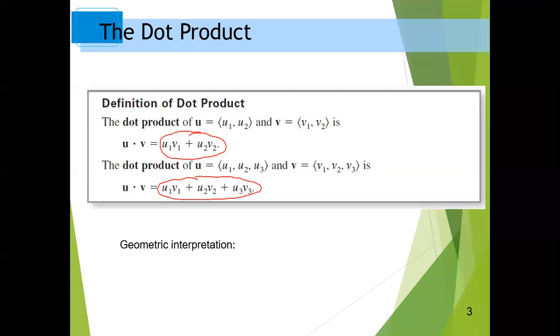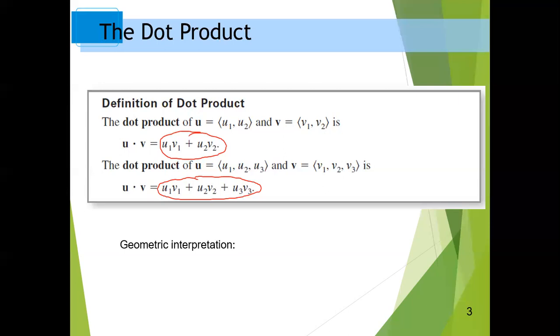So what is that telling us? If I multiply those coordinates together and I get something negative, that tells me those vectors, at least in that coordinate, are working against each other. They're moving in opposite directions. So once again, if I multiply the coordinates together and I get a positive number, what does that tell me about those vectors, at least in that coordinate itself? What are the vectors doing?